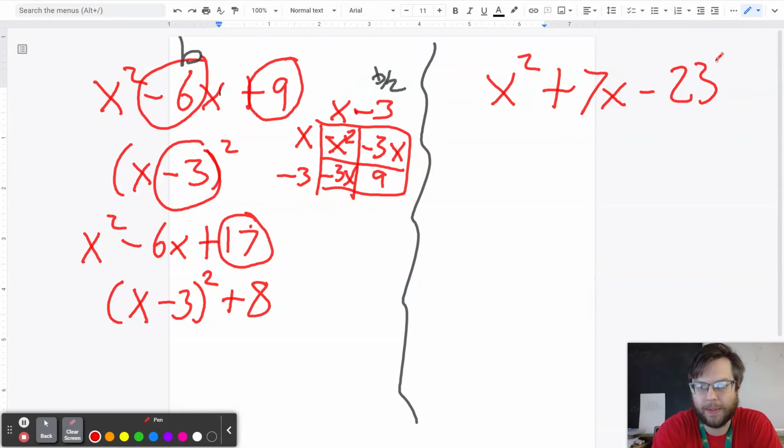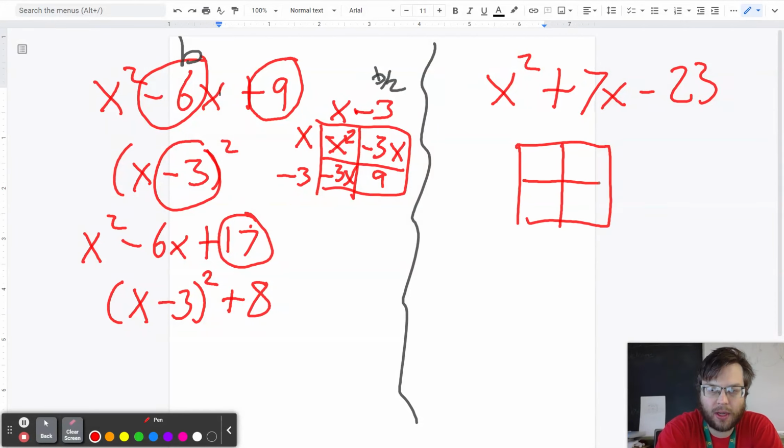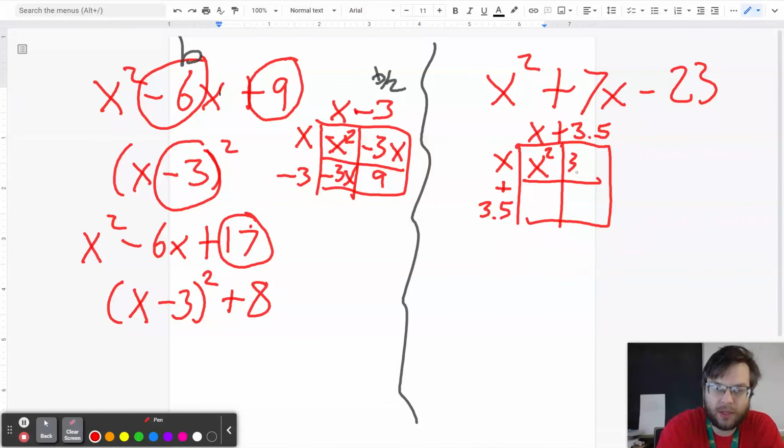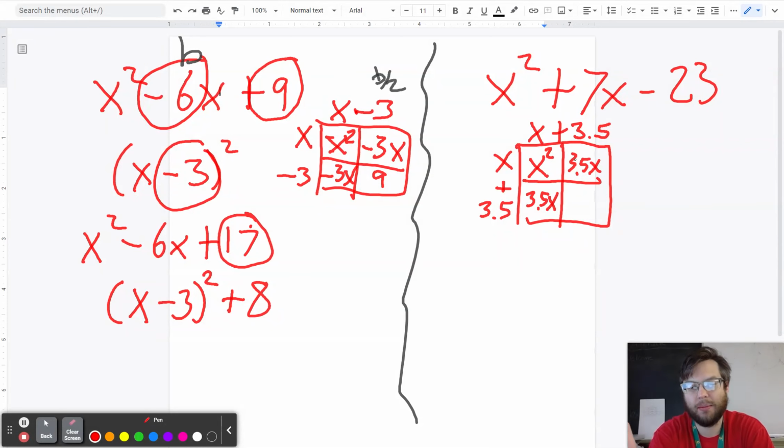Just nasty numbers here. I can draw my box just to help you visualize what's going on. I'm going to cut 7 in half. Half of 7 is not a pretty number, but that's okay. It's just a decimal, nothing to be scared of. So this is 3.5x. This is 3.5x. Now I've got to figure out the bottom right corner. The bottom right corner is going to be 3.5 squared.